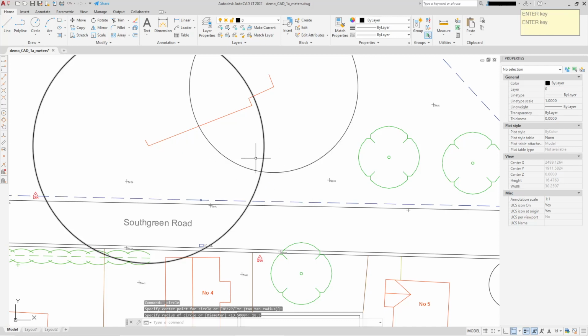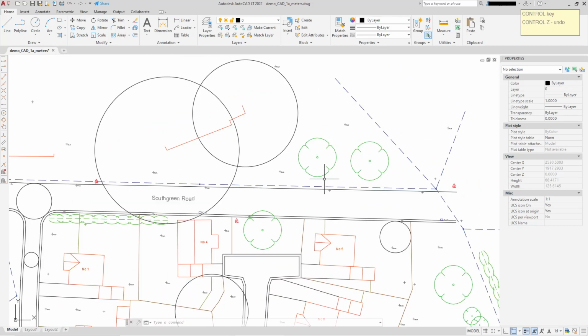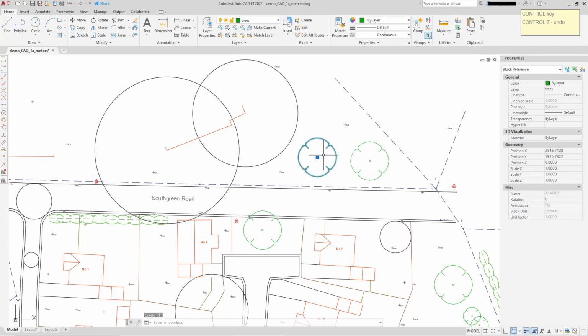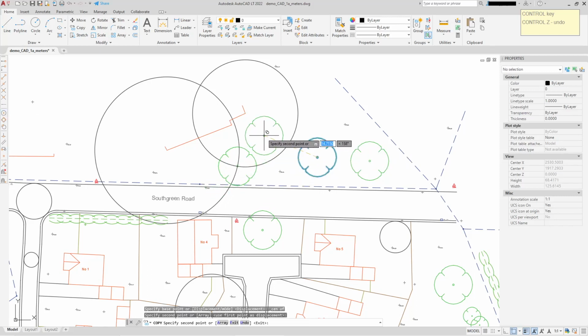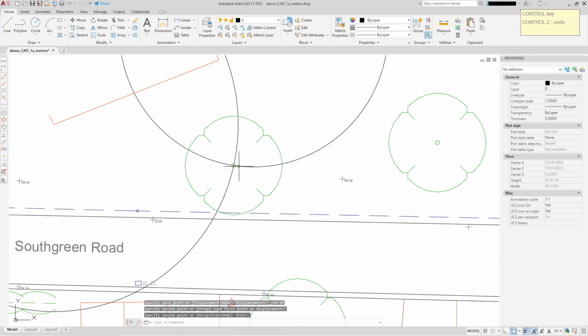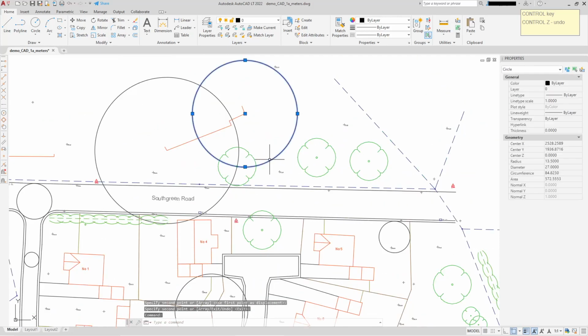and where they cross is where the center of the tree is, and then you would just center your tree onto that crossing point. You could take a topo tree and plonk it there for good measure, and then you delete the circles.